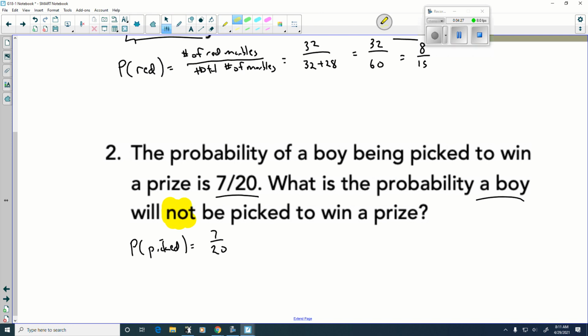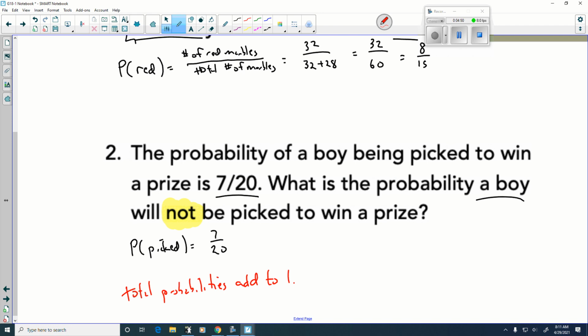And this uses a couple of important ideas. First of all, the total probabilities add to 1. So if I look at each individual thing in the sample space, they add up to 1.